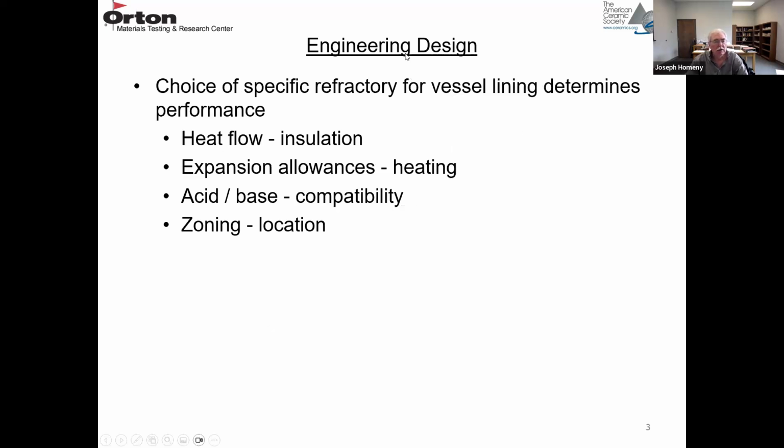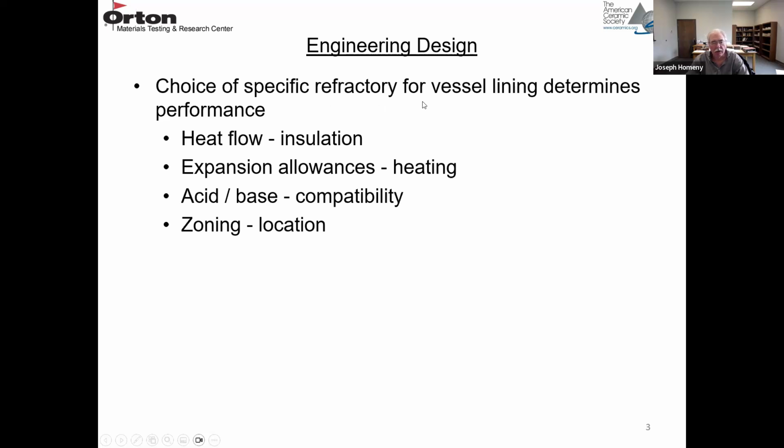And then for the engineering design, the specific application, what type of vessel is going to be used really determines the performance of the refractories.